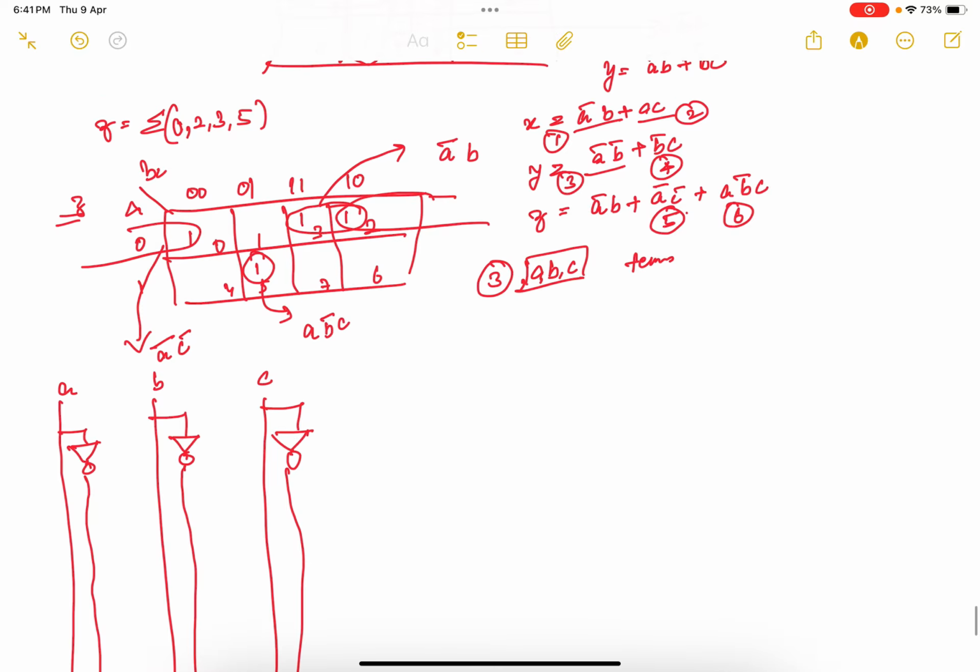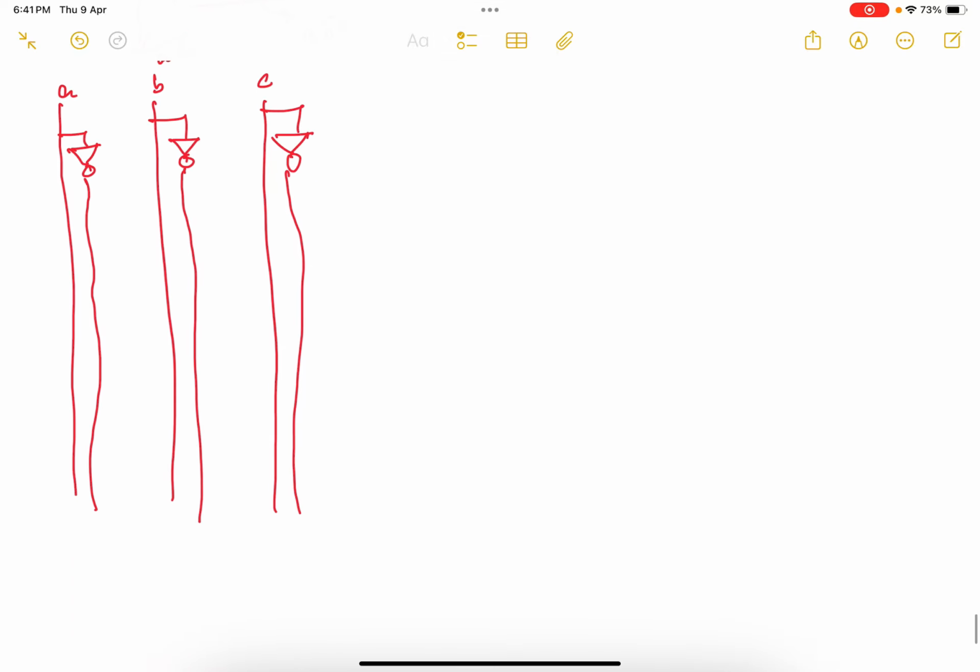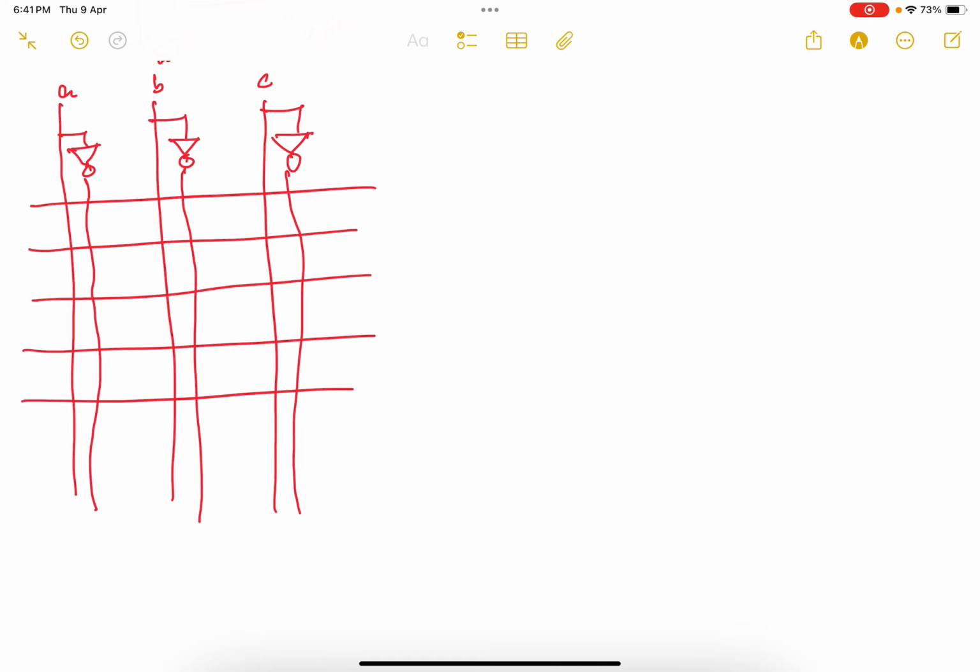We have seen that there are 6 terms, so 6 vertical lines, 1, 2, 3, 4, 5, 6, and each vertical line is going to get connected with one AND gate.